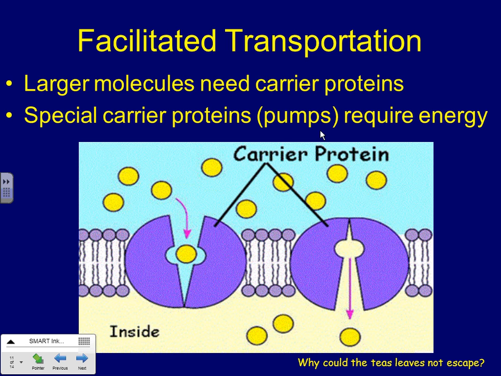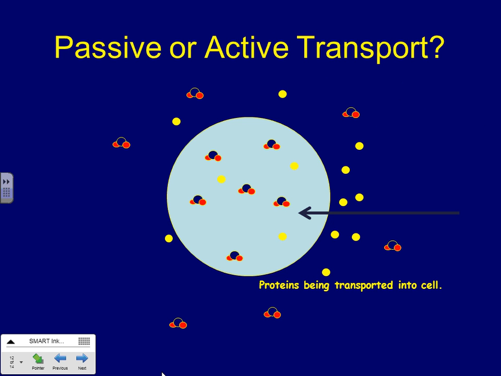Sometimes they're called pumps, right? Because like pumping water, they move it from outside to in. All right, don't need to write this down. So let's try to imagine what's taking place here. We've got a few water molecules here.